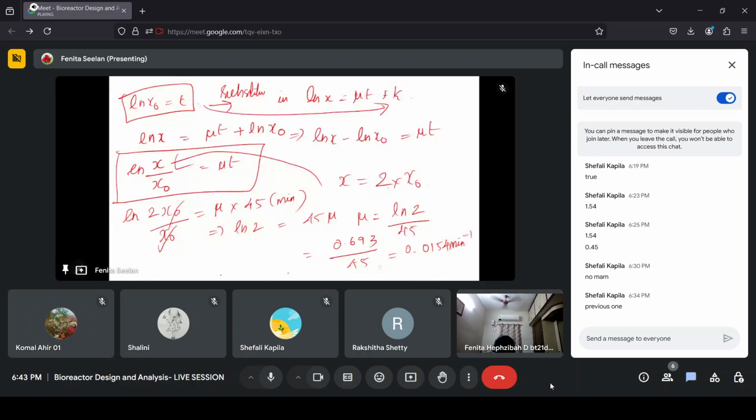So it was here, right? It is going up. So the doubling time is 45 minutes. Now we have only found out the mu. But what was the question?